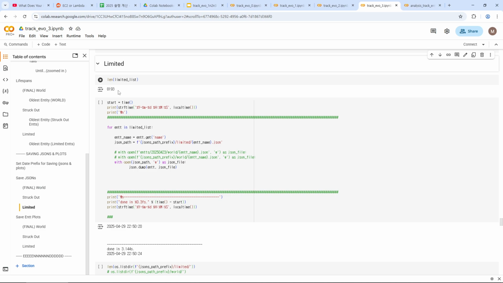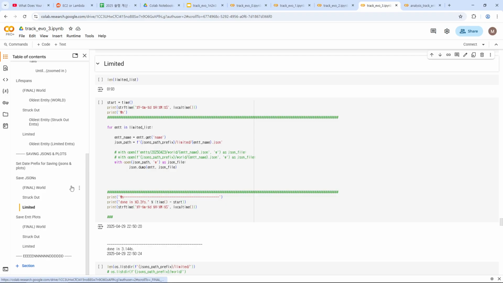So about, at most, maybe 8,300. Struck out is 5,800. So in total, that's 14,000. Still 14,000. But I have a lot fewer entities that are limited out.